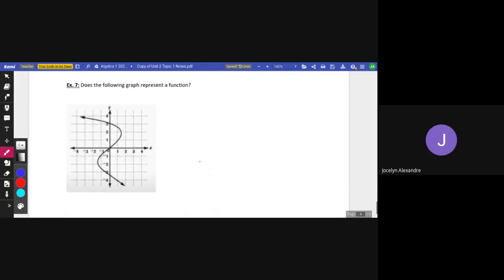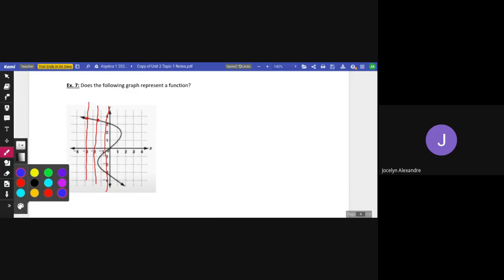All right, last one. So now we've got this swirly function here. So let's start drawing vertical lines. That one's good. Only passes once. This one is good. It only passes once. But look at what happens when we have a vertical line over here.